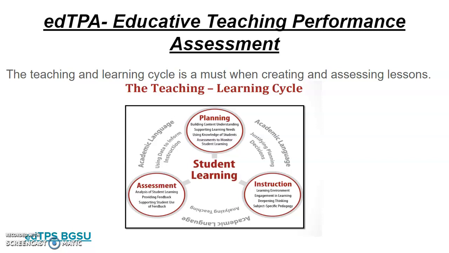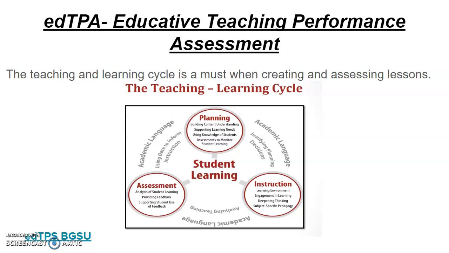The 3 main bubbles contain planning, which underneath that is building content, supporting learning needs, using knowledge of the students, and assessments to monitor student learning. Next, we have instruction. Talks about the learning environment, engagement in learning, deepening the thinking, and subject specific.